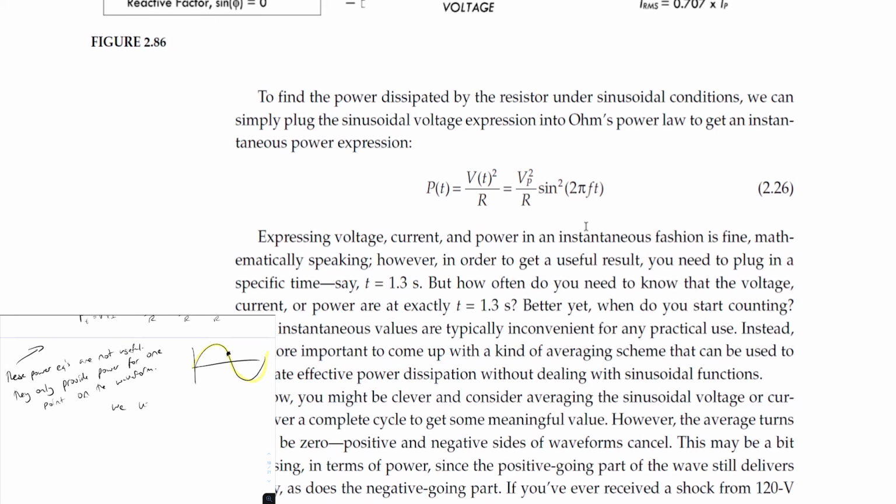We use an averaging scheme to calculate. Starting to make sense to me now. I kind of get now what RMS is. So we're using an averaging scheme to calculate effective power dissipation.